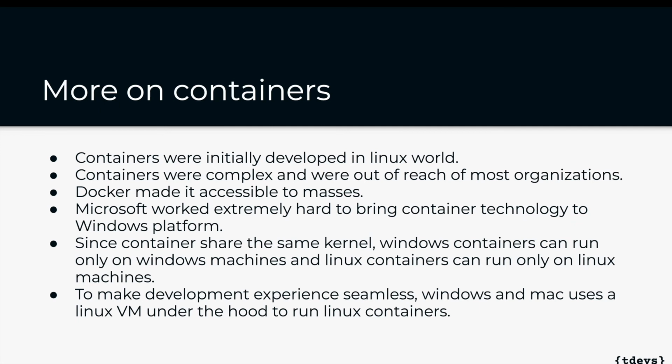If the developer is using Docker Desktop, it creates that virtual machine under the hood and runs all the containers on it. This Linux virtual machine acts as the host operating system, and it is used as the kernel source for all these containers.